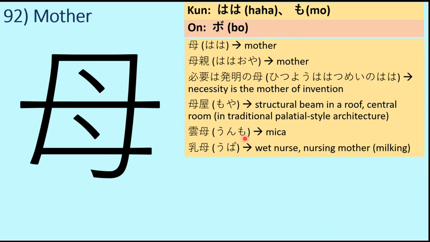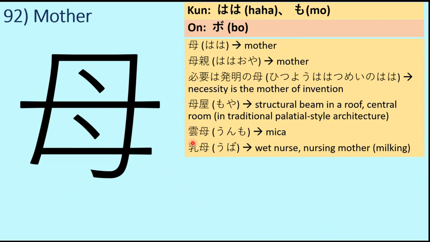So from here, that's why we said that mo is also one of the readings. So unmo represents mica. Now, how does this translate to mica? Literally, you cannot do that, but most probably the reason is phonetic rather than semantic. Because of the phonetic component, probably the mo has been adopted here for the kanji of mother. And why the kanji of cloud is taken here, that we don't know.